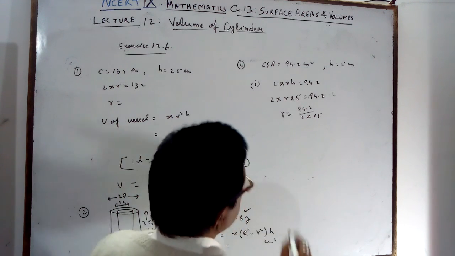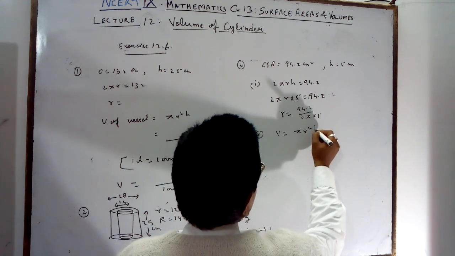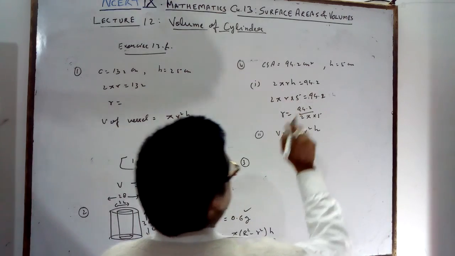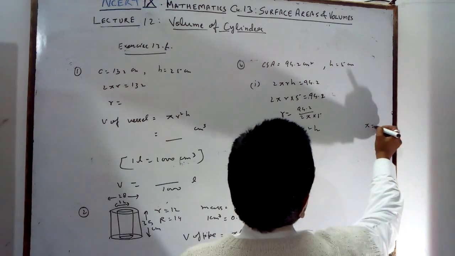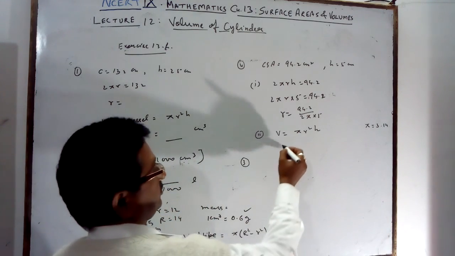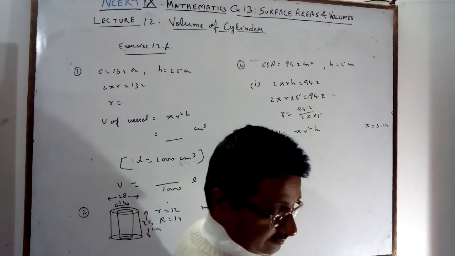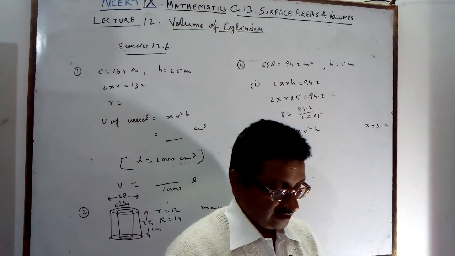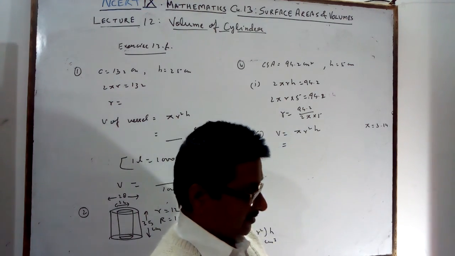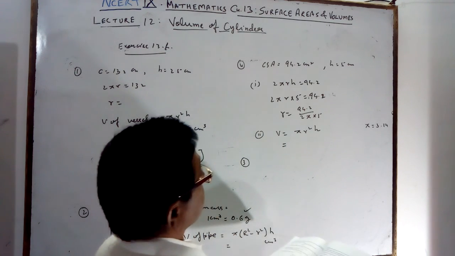Second part is its volume, pi r square h. Put the value from here. Pi is given 3.14. Put the values of r, pi and h. You can get the solution very simply. Lateral surface area means CSA, curved surface area.